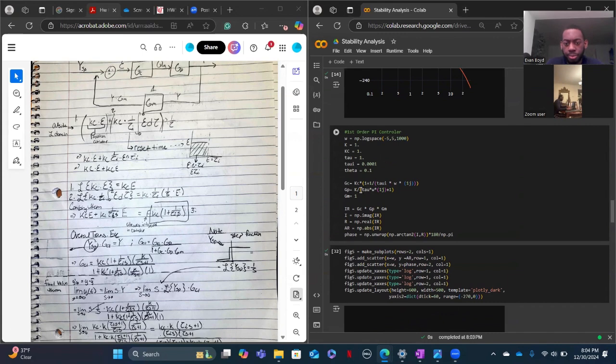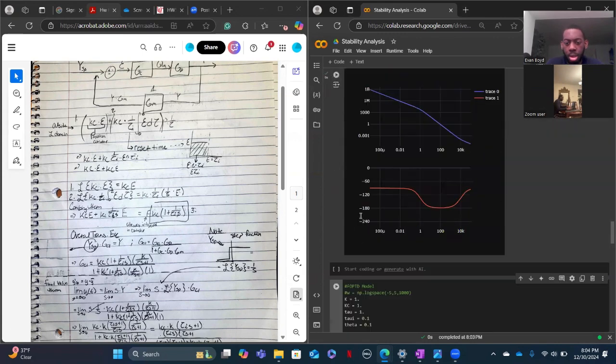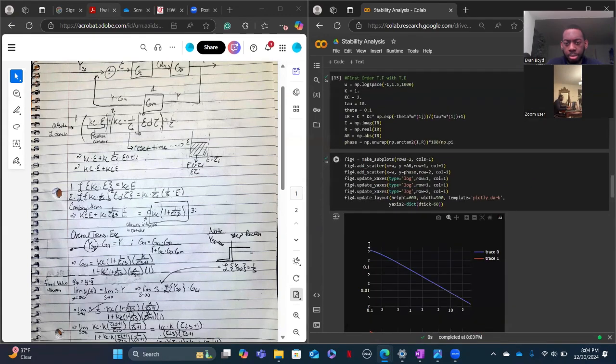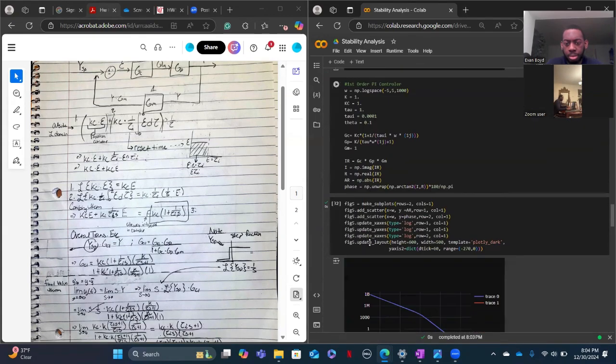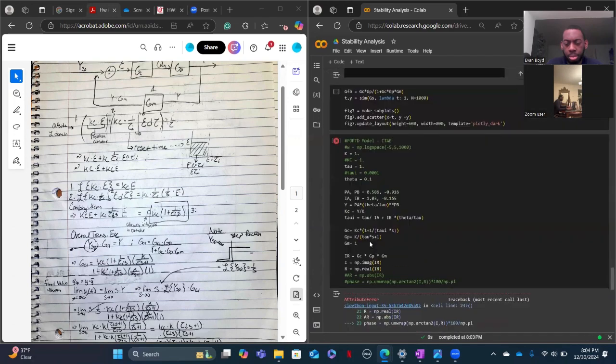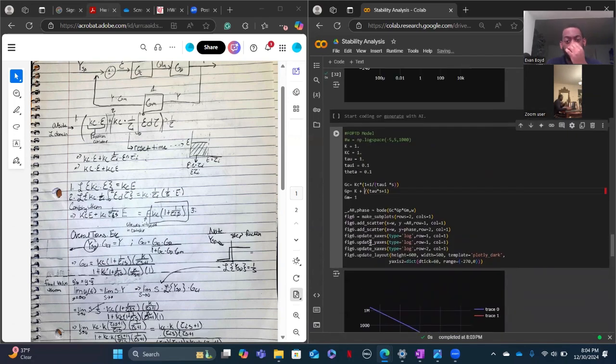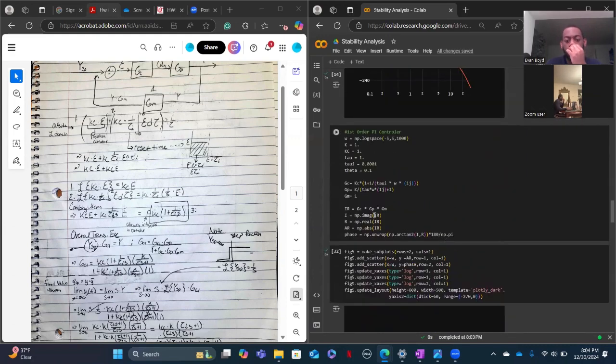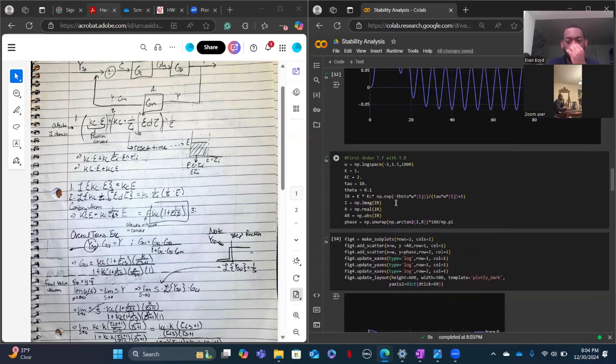Where's it at? There's a lot going on. Let me see if these are the right settings. This is our PI controller. Okay, but then the time delay should be right here.